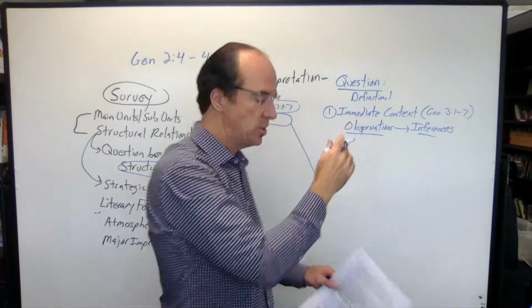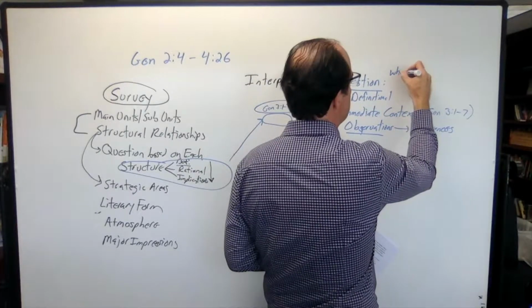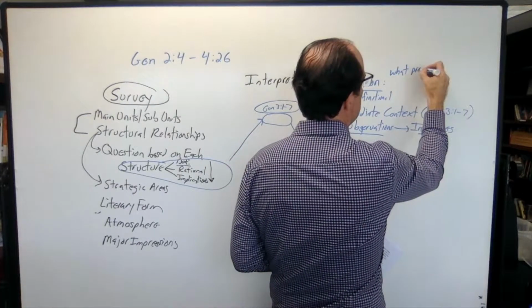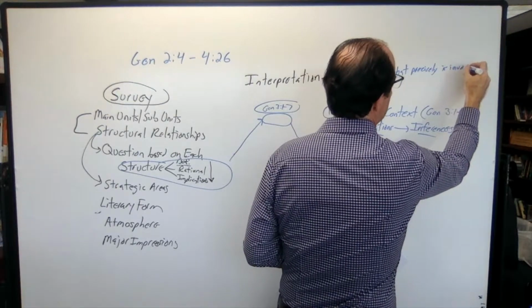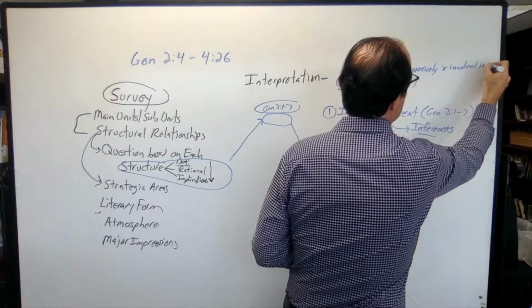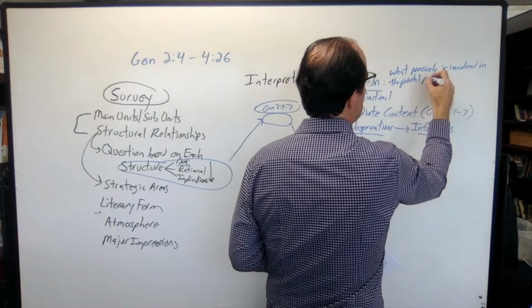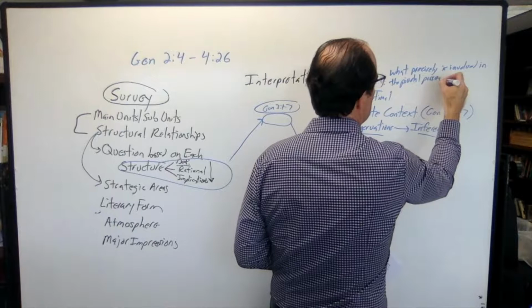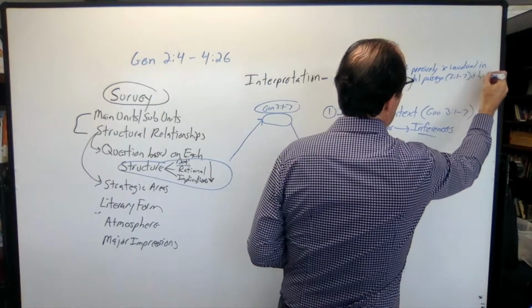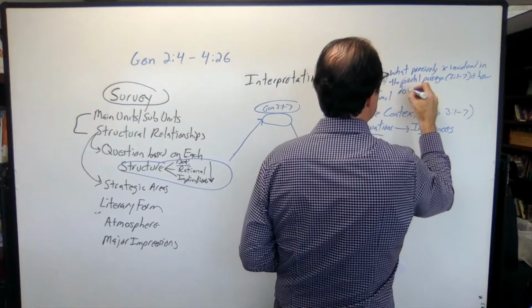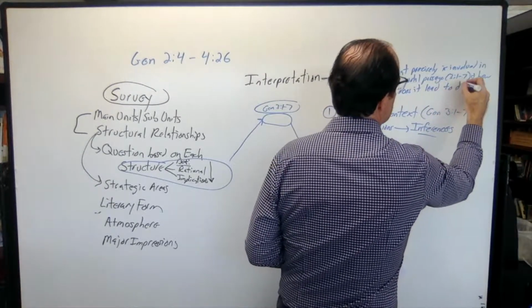Again, what's the interpretive question? I'll write it up here, but essentially I'm going to summarize it. What precisely is involved in the pivotal passage, Genesis 3:1-7, and how does it lead to disobedience?